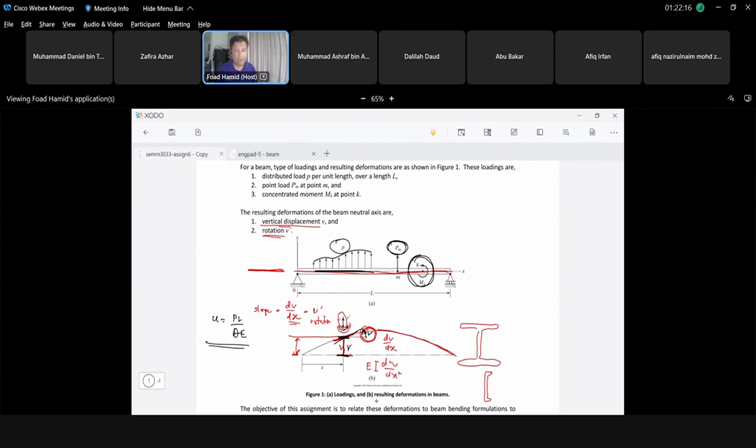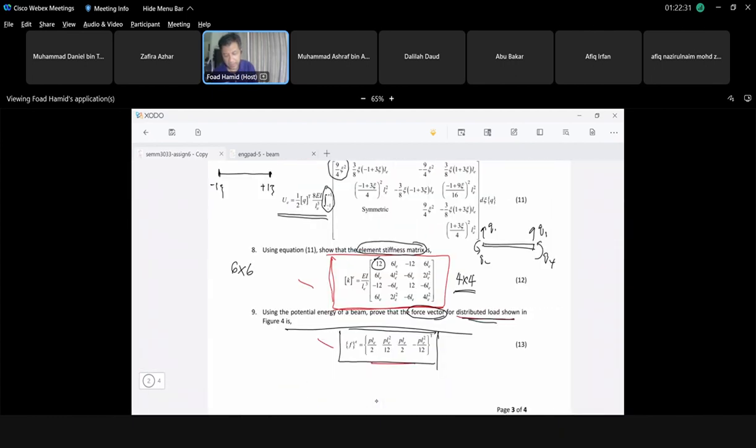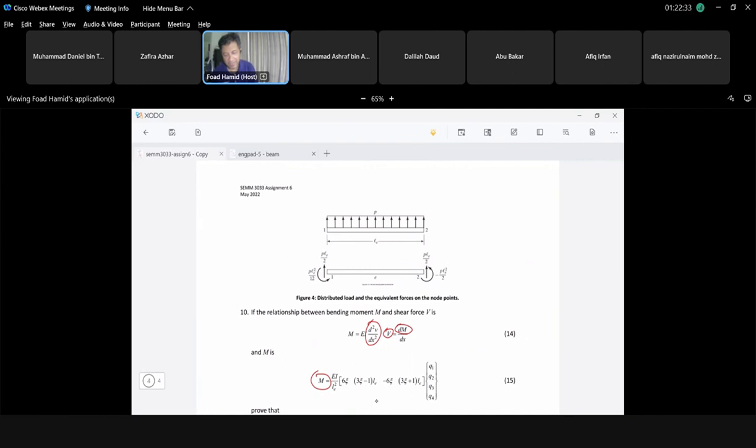If you have distributed load along a line, it will involve an element or elements. So please take note of that. Okay, so this is the minor element model for this distributed load.